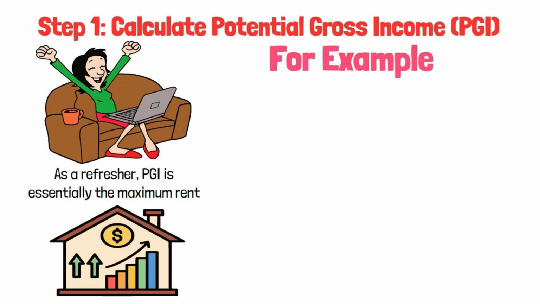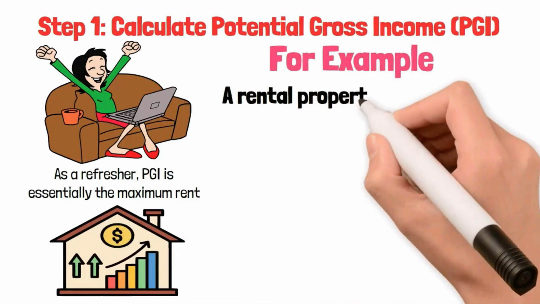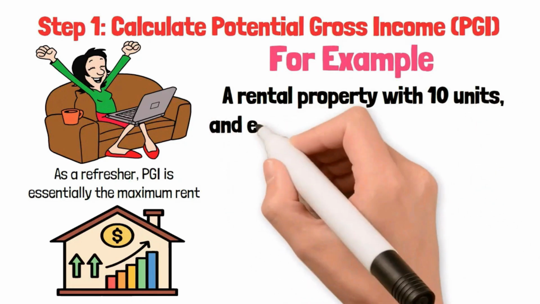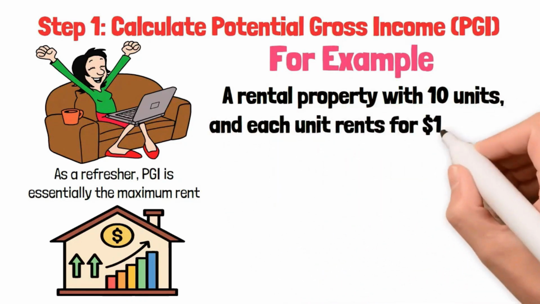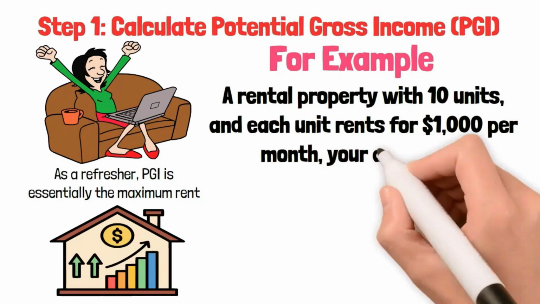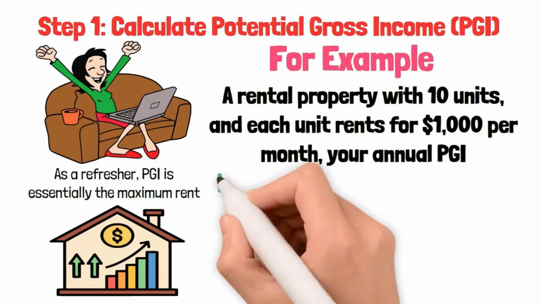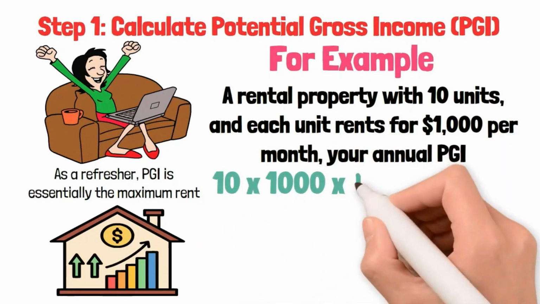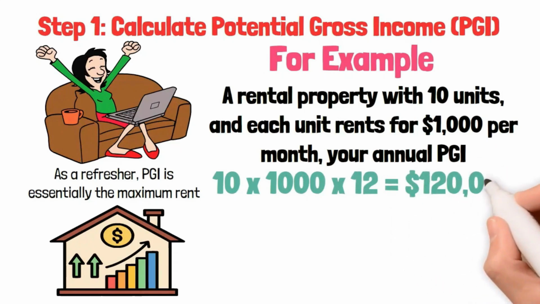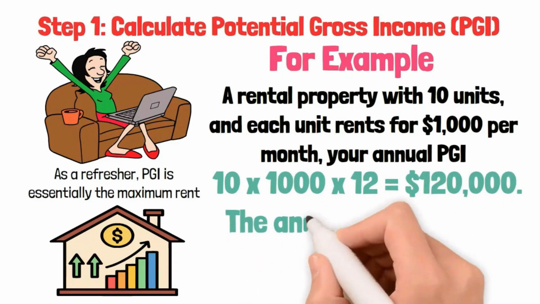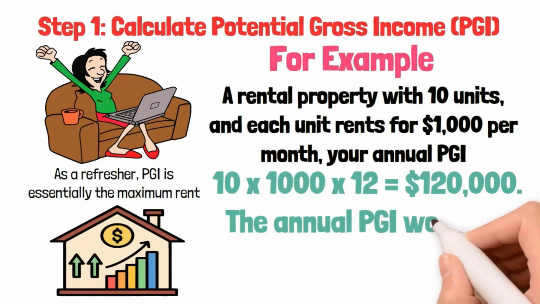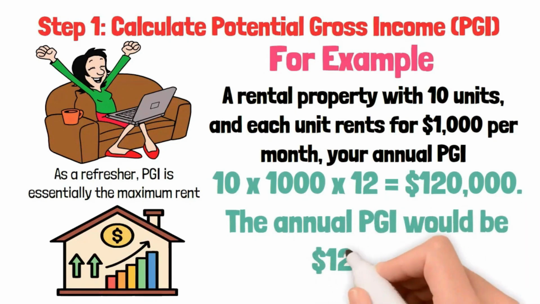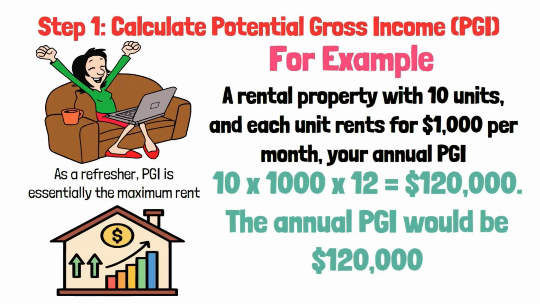For example, if you have a rental property with 10 units, and each unit rents for $1,000 per month, your annual PGI, 10 times 1,000 times 12 equals $120,000. The annual PGI would be $120,000. Piece of cake, right?